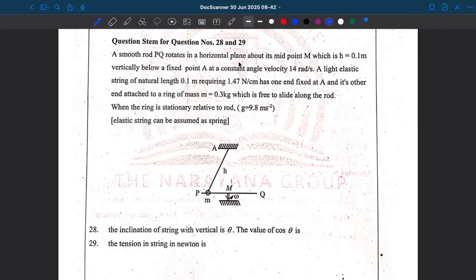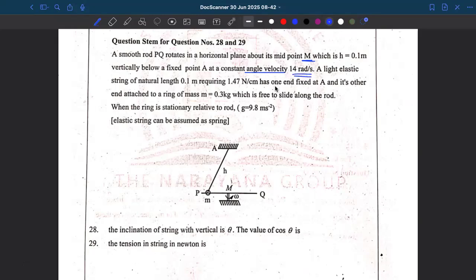The smooth rod PQ rotates in a horizontal plane about its midpoint M. You can see that, which is at a height H equal to 0.1 meter vertically below a fixed point A, at a constant angular velocity of 14 radians per second.